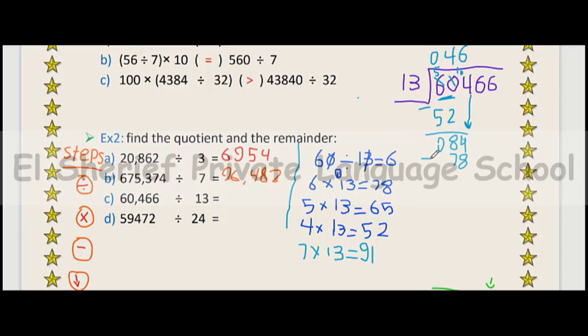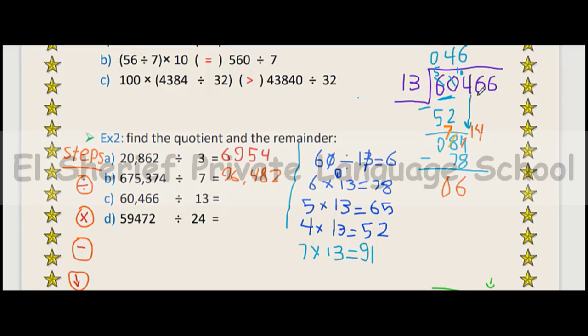and the next step minus. 4 minus 8 can't be, so 8 becomes 7, and 4 becomes 14. 14 minus 8 equal 6, and 7 minus 7 equal 0.